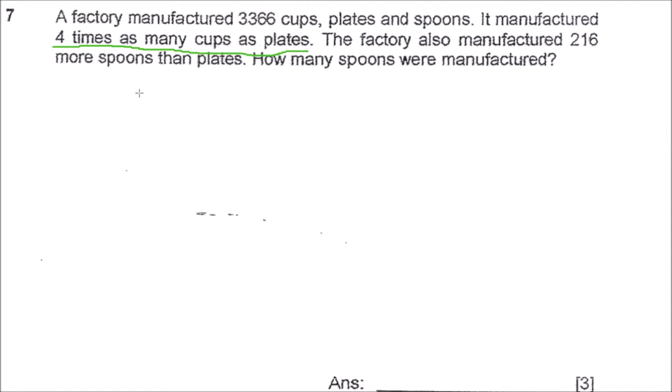Okay, so I can draw the model. Let me just draw a long model here. So this will be my cups, and sorry, let me just draw these to proportion.